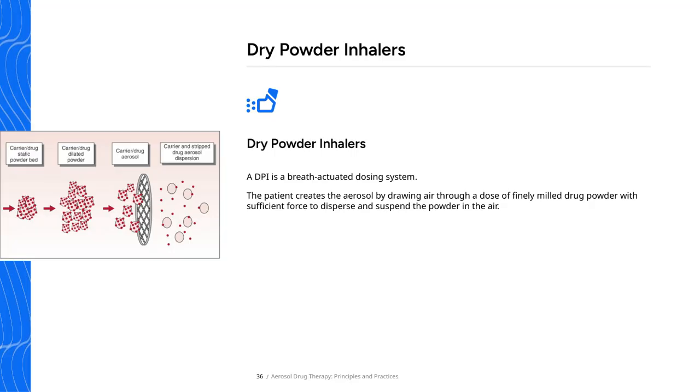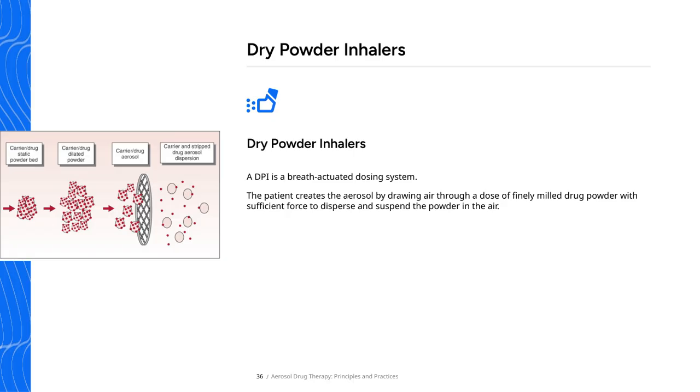A DPI, or dry powder inhaler, is a breath-actuated dosing system. What that means is, instead of pressing a button or inhaling through a nozzle, the patient activates the dose simply by taking a deep, forceful breath. When the patient inhales, they create the airflow necessary to aerosolize the medication. The inhaler contains a dose of finely milled drug powder, and it's designed so that a strong enough inhalation will disperse and suspend that powder in the air.